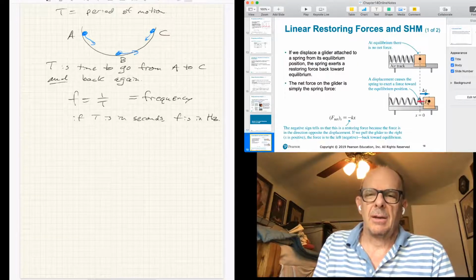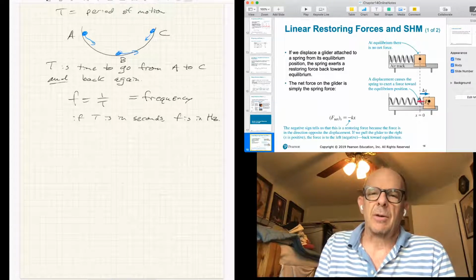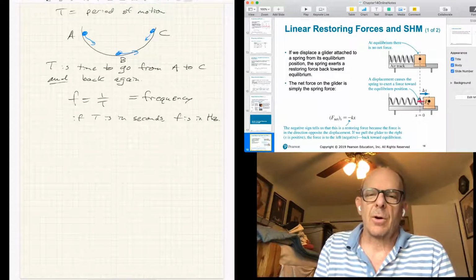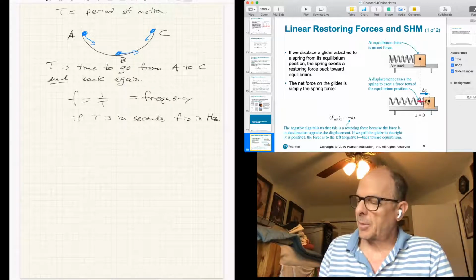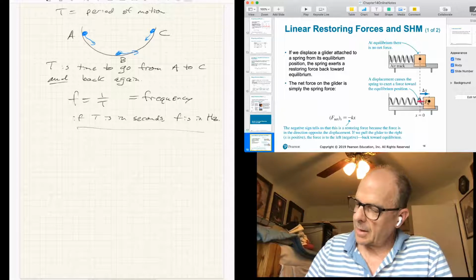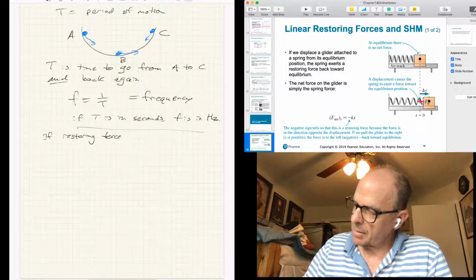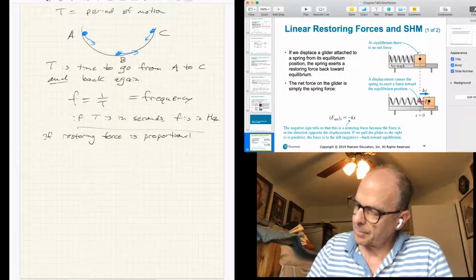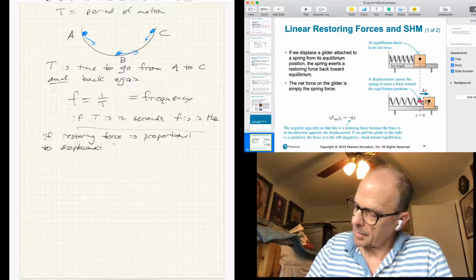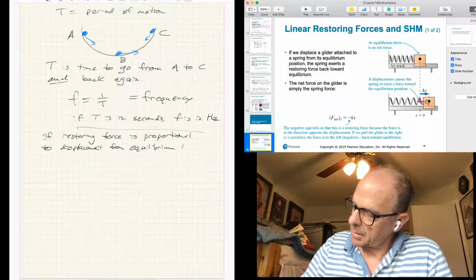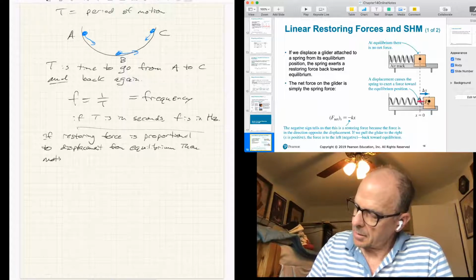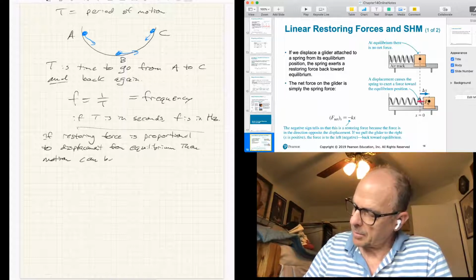So the key thing about simple harmonic motion is that the restoring force is proportional to the displacement. So if the restoring force is proportional to the displacement from equilibrium, then the motion can be described by simple harmonic motion.